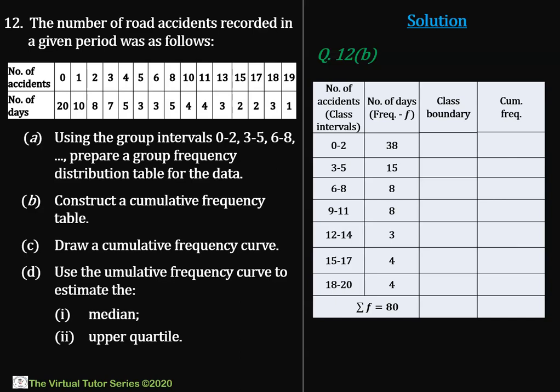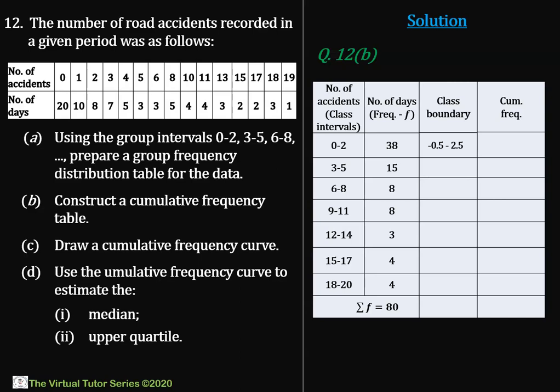The difference between the upper and lower class limits of two consecutive class intervals is 1, and half of 1 is half. Therefore, to obtain the class boundaries, we will deduct 0.5 from the lower class limits and add 0.5 to the upper class limits. So for the class interval 0 to 2, we have the class boundary to be negative 0.5 to 2.5.